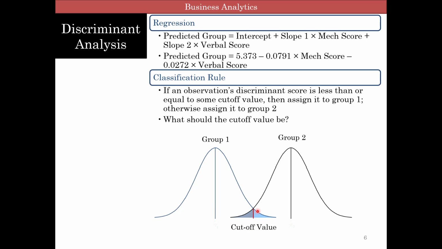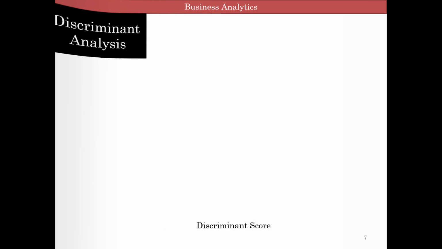Here is the percentage of people who actually belong to group 1 who will be classified as group 2. So this darker blue is the percentage of people who you say are satisfactory but actually are unsatisfactory. And here are the people who you say are unsatisfactory but are actually performing pretty well.